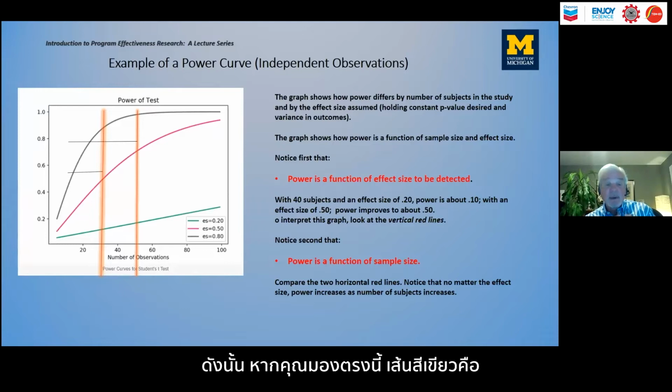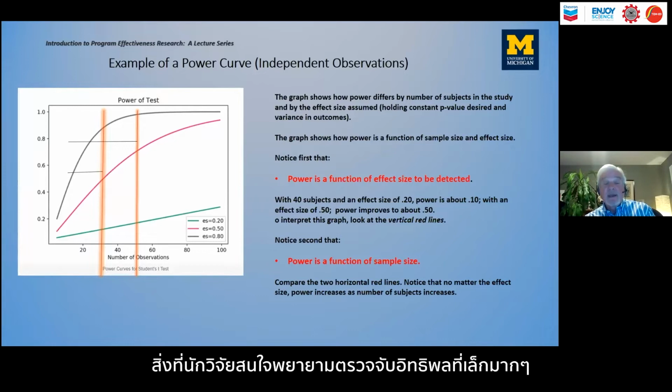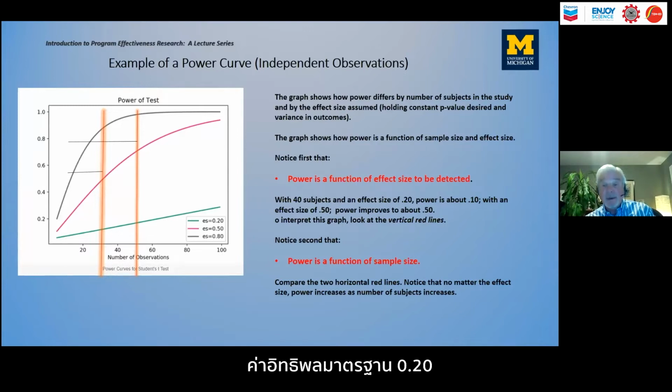So if you look, the green line is a researcher interested in trying to detect a very small effect, standardized effect of 0.20. The middle line has a bit larger effect, and the top line is a huge effect.